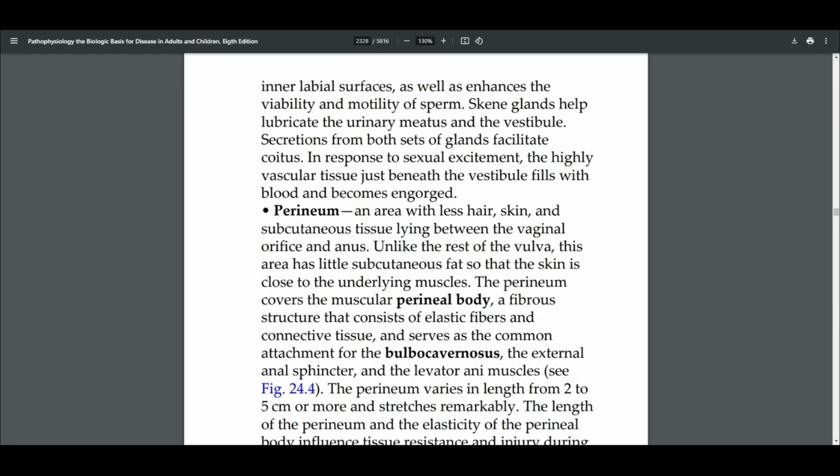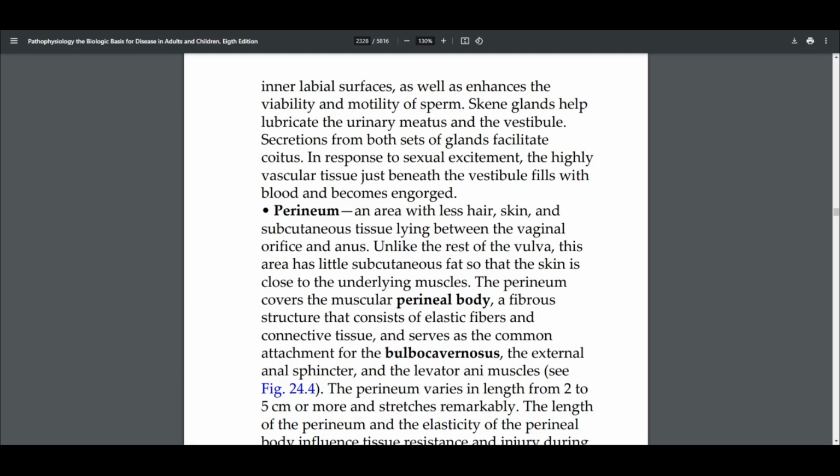The perineum covers the muscular perineal body, a fibrous structure that consists of elastic fibers and connective tissue, and serves as the common attachment for the bulbocavernosus, the external anal sphincter, and the levator ani muscles.